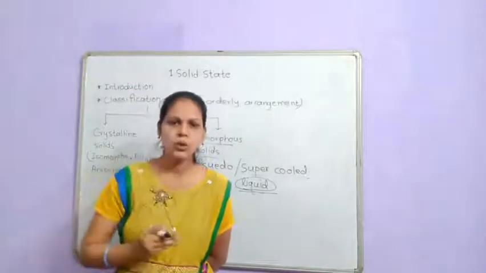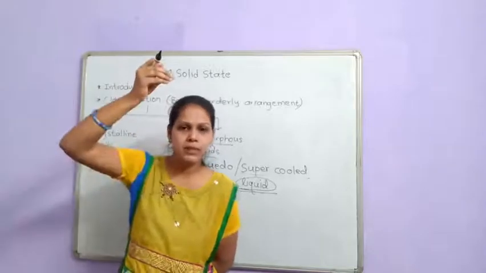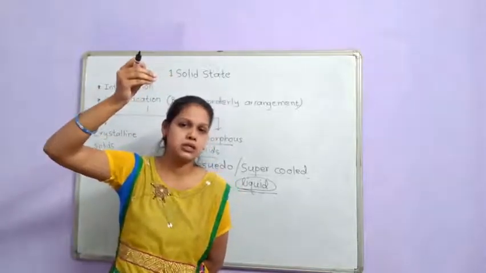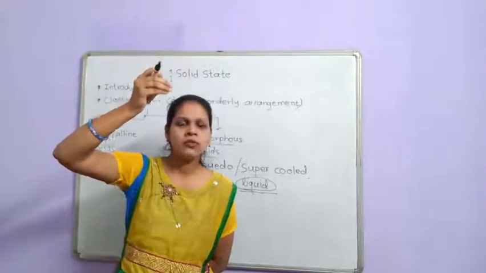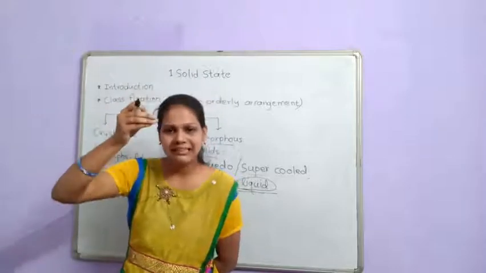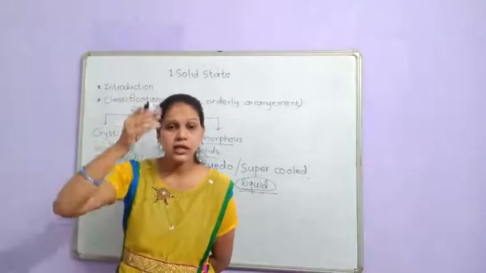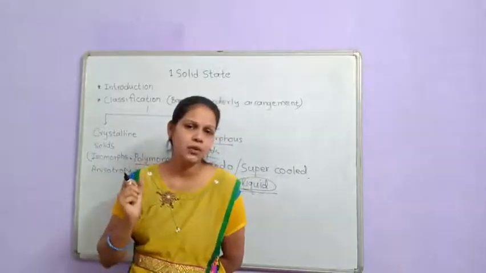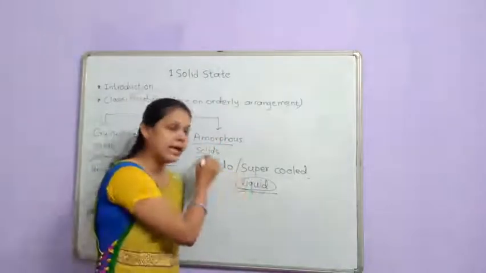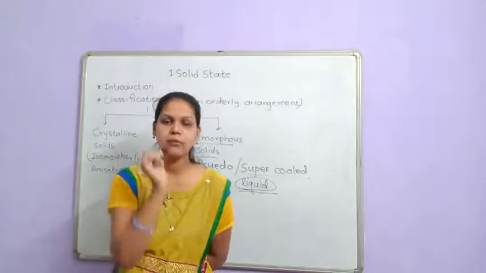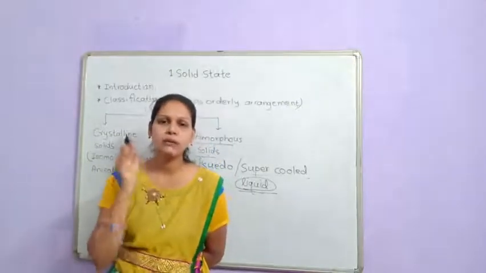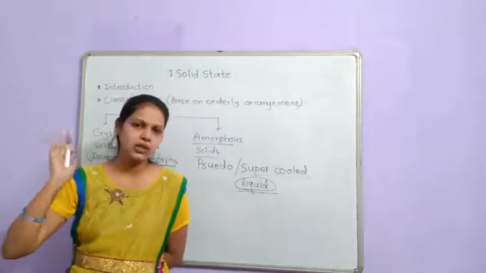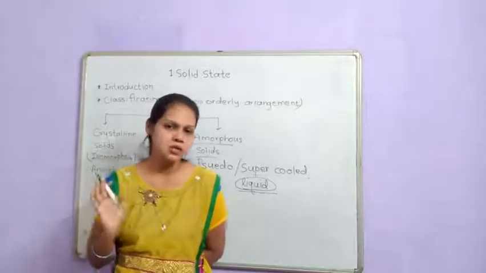In a glass window, after some years, the upper side will become thinner and the lower side slightly thicker, because amorphous solids have the property to flow when temperature changes.